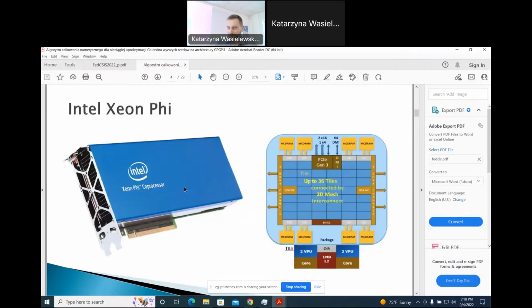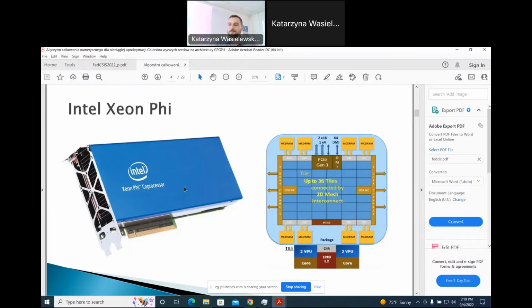And the first architecture is Xeon Phi. Sorry, it's not NVIDIA, it's Intel. Intel wanted to take part of the market and started to develop its own graphics card architecture. In 2010, it developed Xeon Phi, based on the Knights Corner architecture. This architecture was advertised as combining the power of GPU acceleration with the ease of programming of this processor.